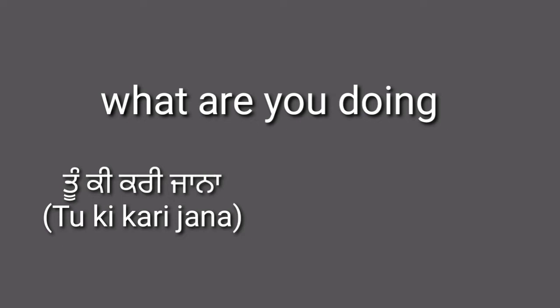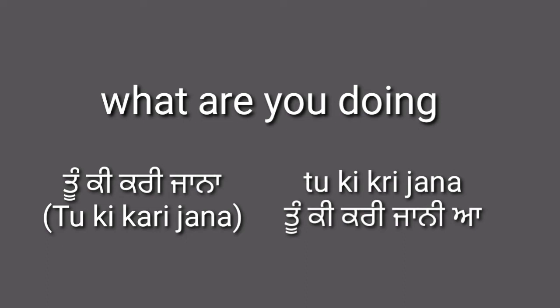In my area, we say ਤੂੰ ਕੀ ਕਰੀ ਜਾਨਾ, and some people say ਤੂੰ ਕੀ ਕਰਨ ਡਿਆ ਹੈ. The people from the Dabab area have a different accent. If it's female, I would say ਤੂੰ ਕੀ ਕਰੀ ਜਾਨੀ ਆ. So what means ki in Punjabi.